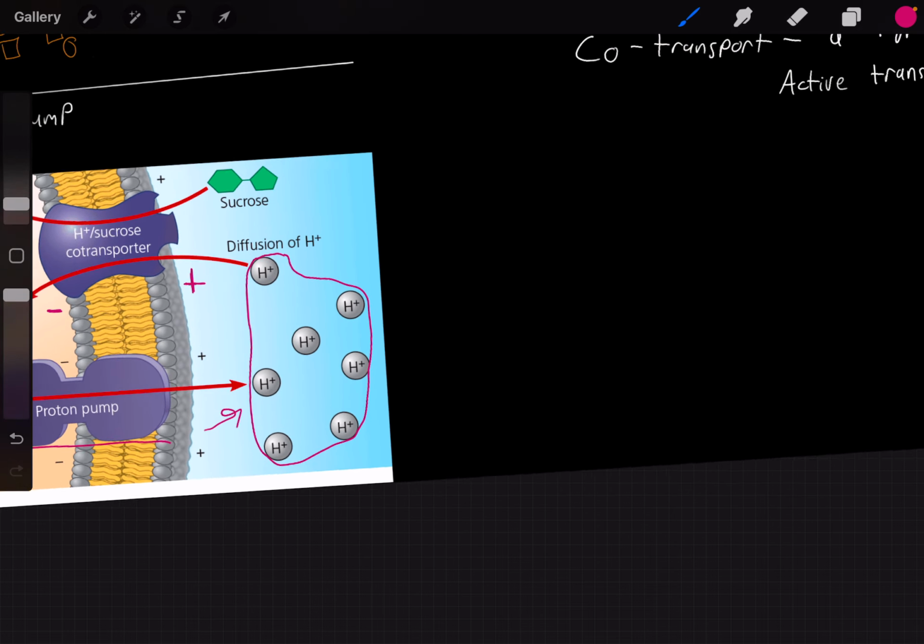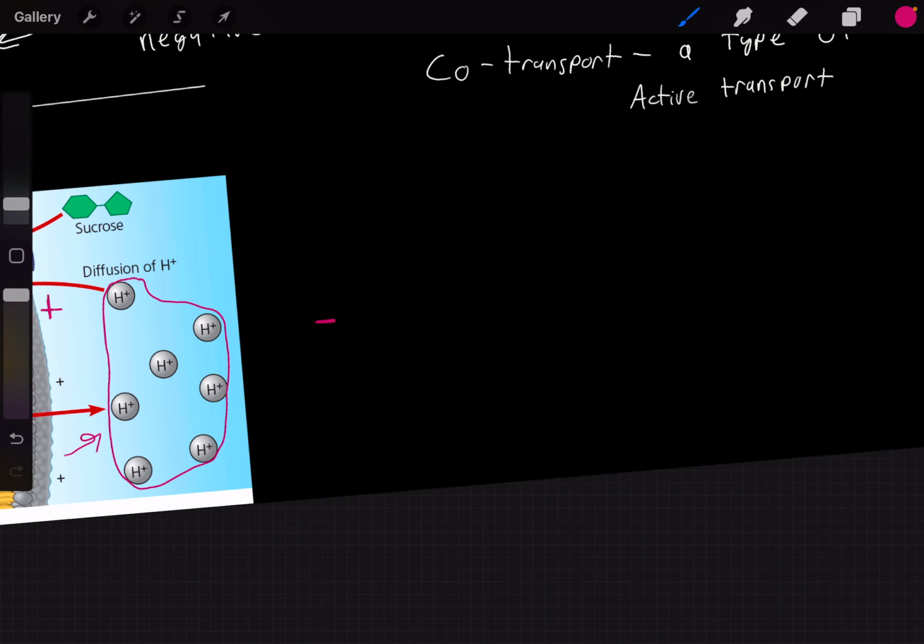So you're going to have a minus charge inside and a positive charge outside, because you have a bunch of hydrogens on the outside and only a few hydrogens on this side.